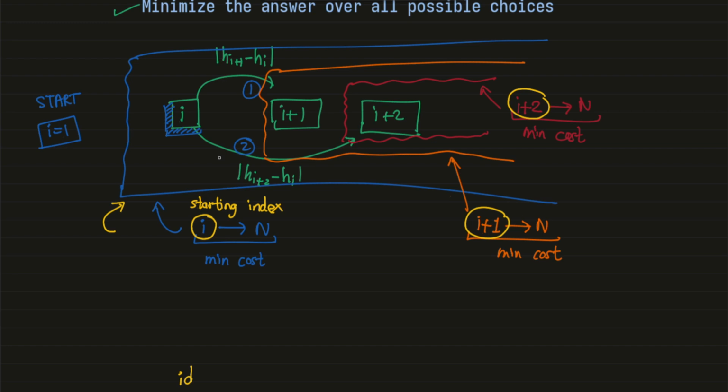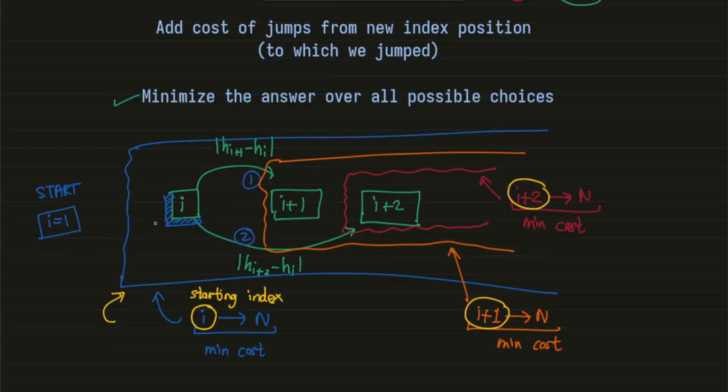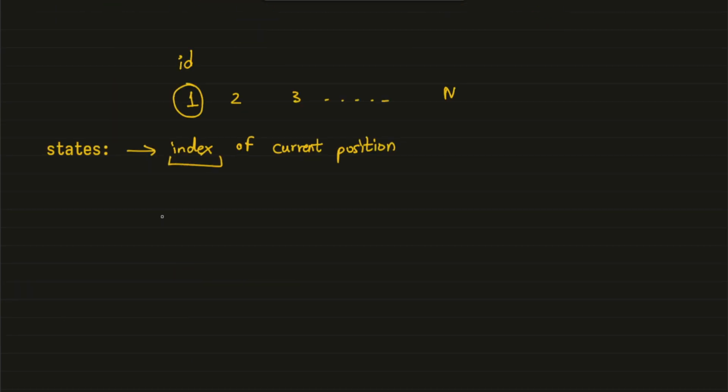And one more thing to note here is this blue part. Let's say now we know the state of the recurrence, so let's say go of id denotes minimum cost for the travel from index id to n.